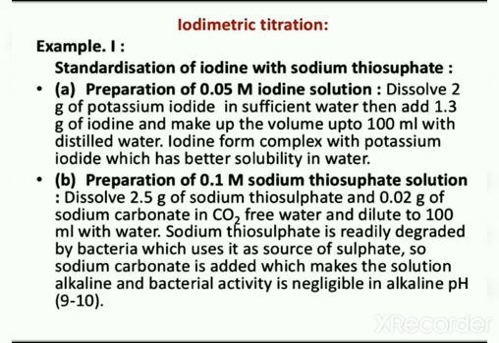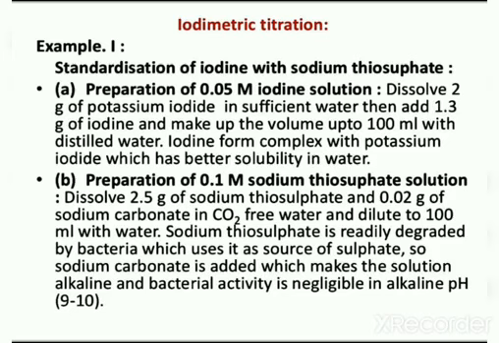After the preparation of the 0.05 molar iodine solution, we prepare the 0.1 M sodium thiosulfate solution. To prepare this, dissolve 2.5 gram of sodium thiosulfate and 0.02 gram of sodium carbonate in carbon dioxide free water and dilute to 100 ml with water.